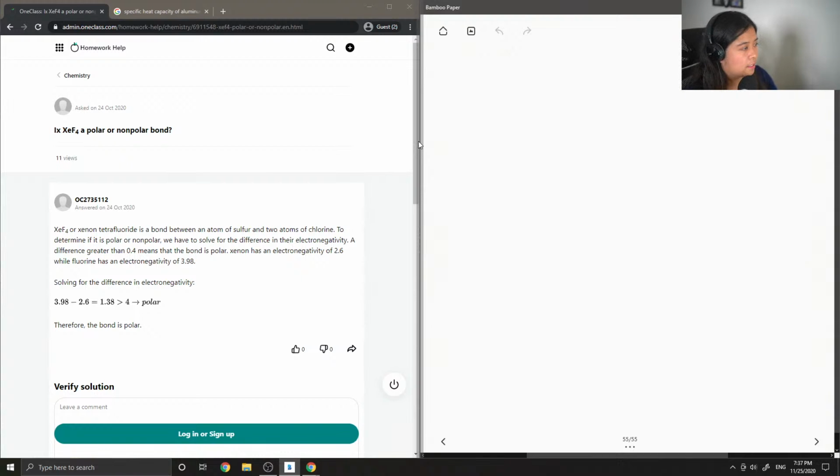Is xenon tetrafluoride a polar or nonpolar bond? So first, to answer this question, we would need the electronegativity values of both xenon and fluorine.